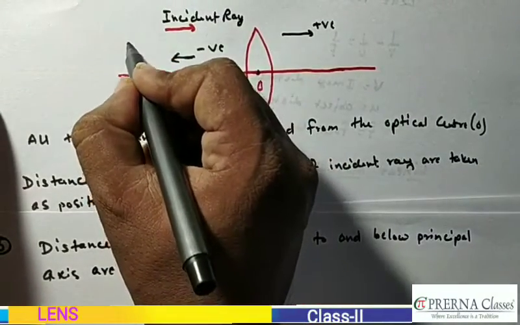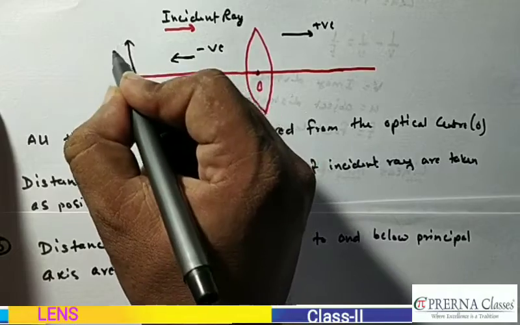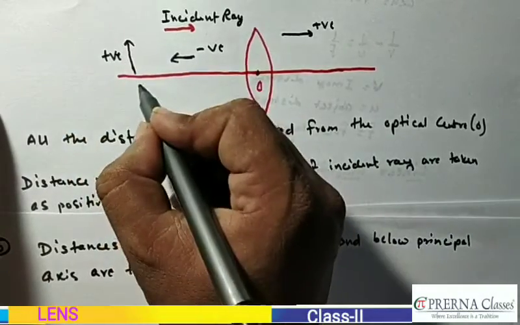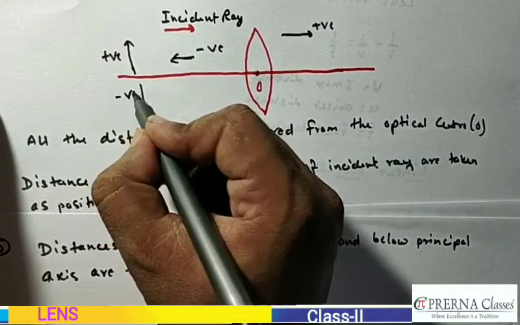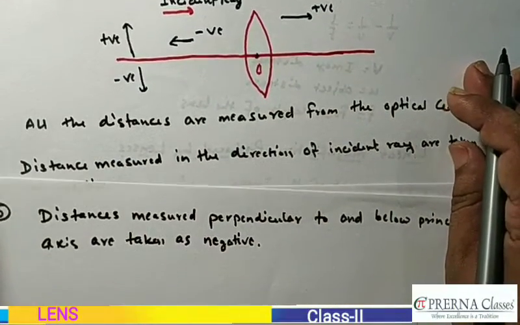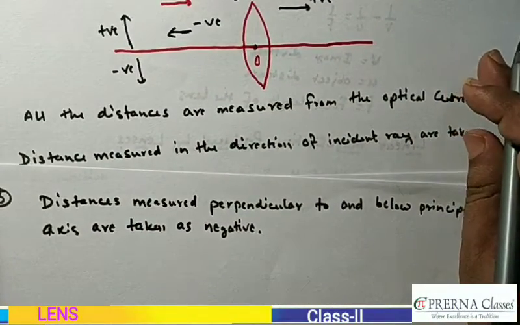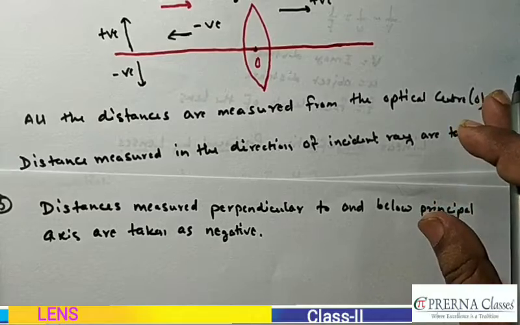Distances measured above the principal axis will be taken as positive, and distances measured below the principal axis will be taken as negative. Okay, so this is the sign convention which we will stick to.